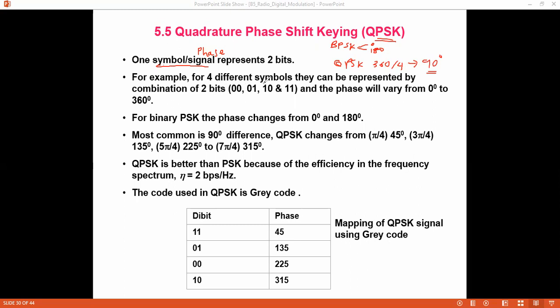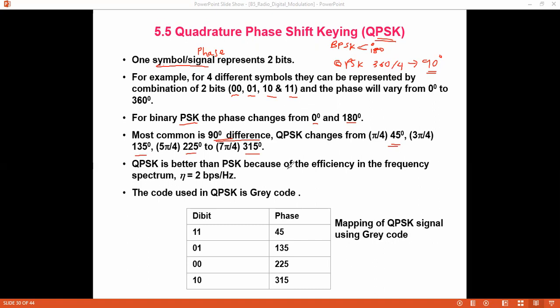So 4 different symbols will be represented by 4 bit combinations: 00, 01, 10, and 11. The phase varies from 0 to 360 degrees, and the difference is 90 degrees, compared to binary PSK where the difference is 180 degrees. It changes from 45 degrees to 135, 225, and 315 degrees.